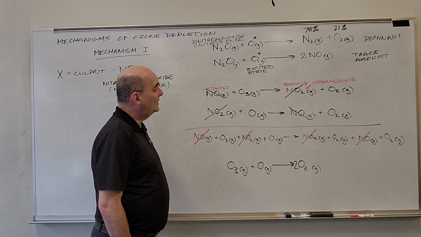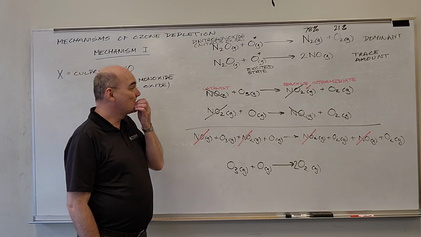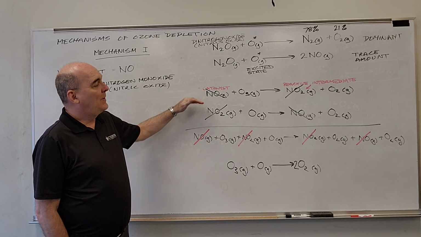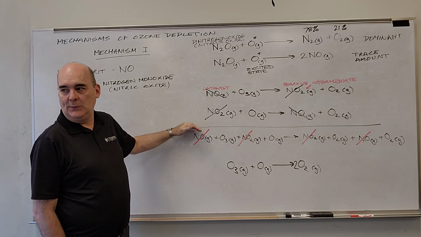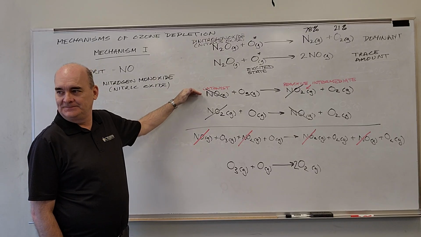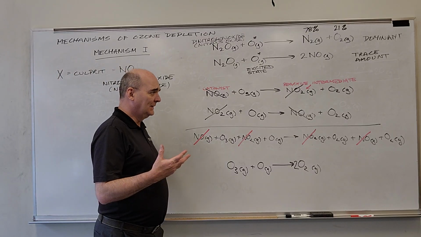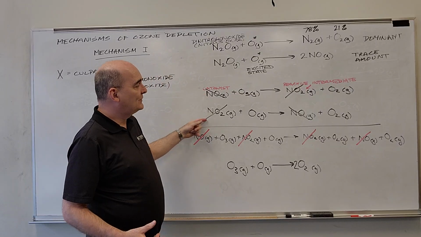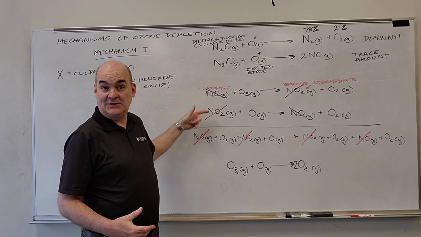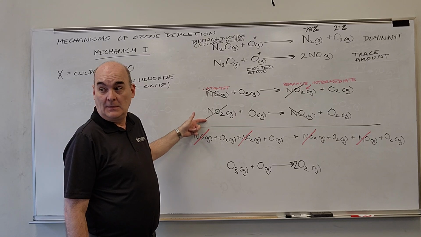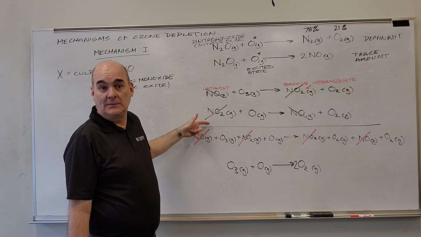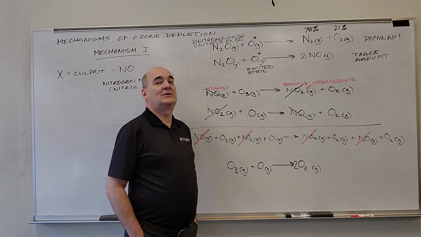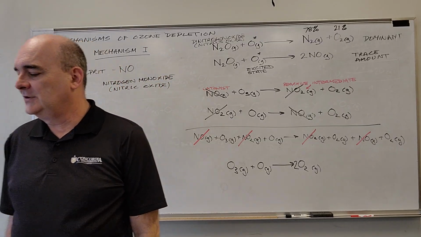Because when mechanisms occur in two steps, they're going to be dependent on only one of the steps. Because it's just not feasible that both of these reactions occur at exactly the same rate. One of them has to be faster than the other. It's just the probability means that one of the reactions is fast and one of the reactions is slower.